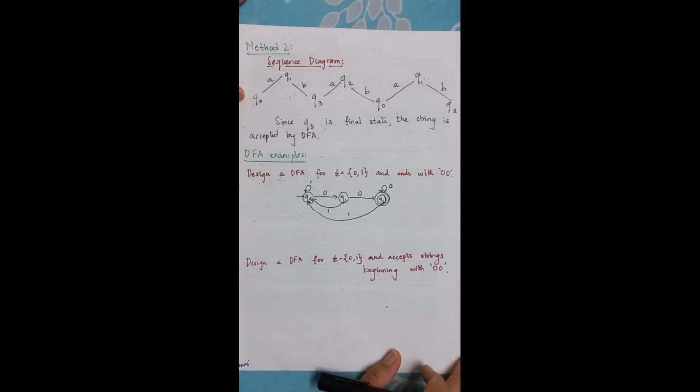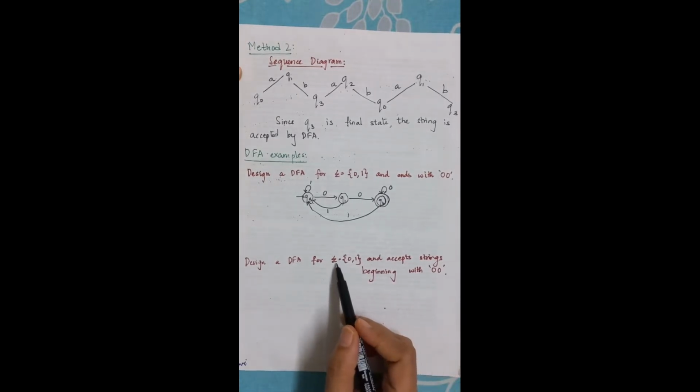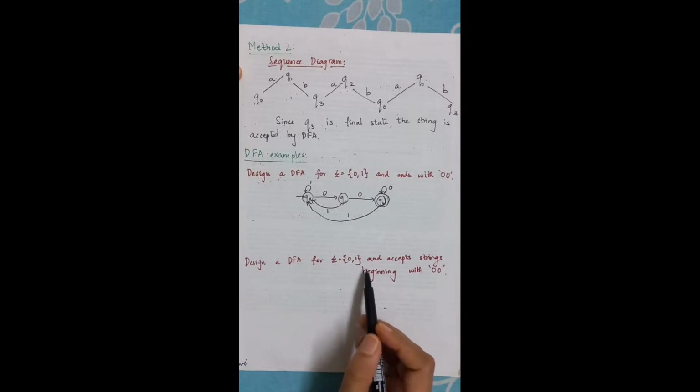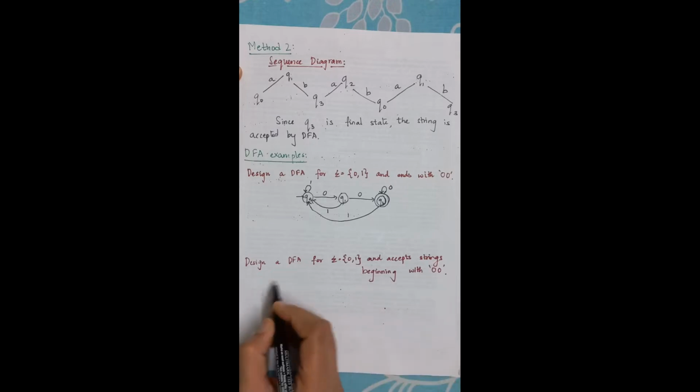Now let us consider another example. Design a DFA for sigma equal to 0, 1, that is our input symbols are 0 and 1, and accept strings beginning with 0, 0.